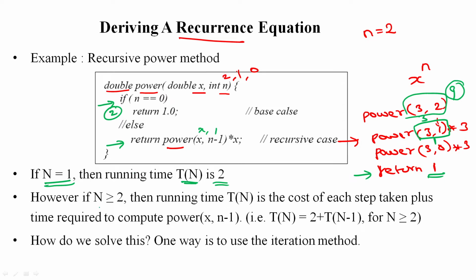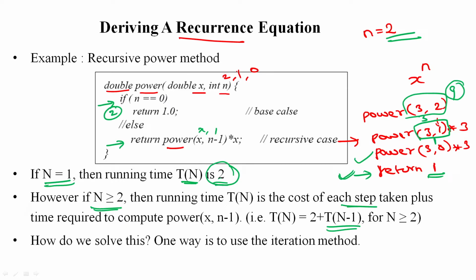Then if n is greater than or equal to 2, the number of steps taken, you look at here, is 2 for the n equal to 1 case, plus T of n minus 1.